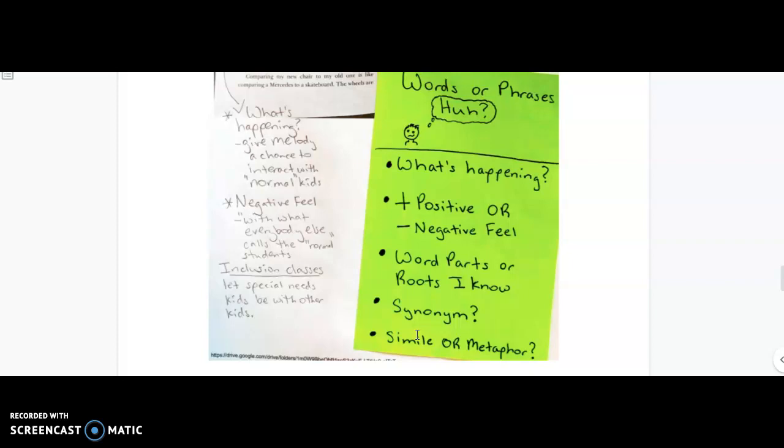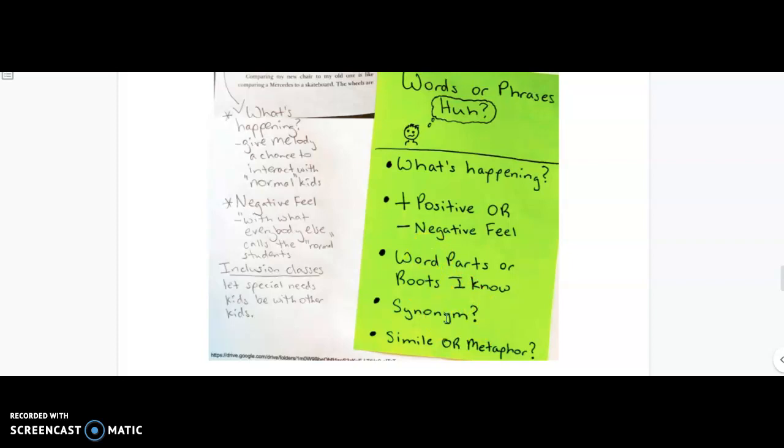Included is a word I use a lot, and through that I can determine that inclusion class maybe lets special needs kids like Melody be with other kids, the normal kids she was talking about. The synonym or simile didn't really work out in this particular case, but that's still part of my strategy, one of the five strategies I can use.